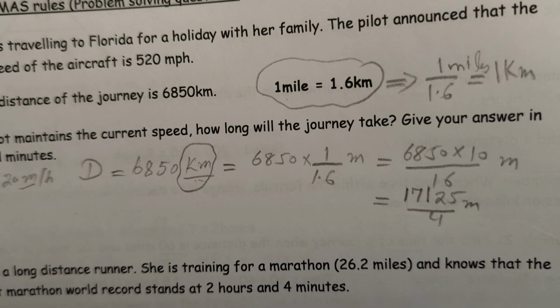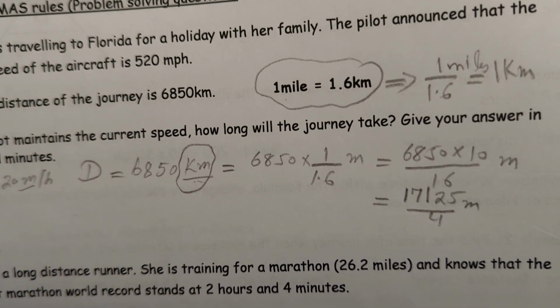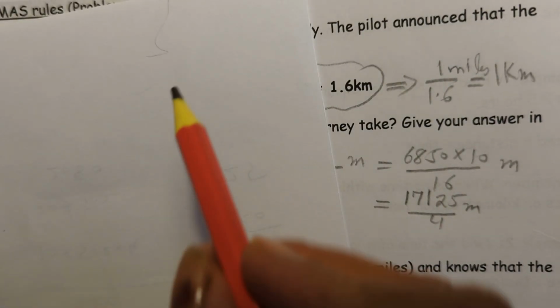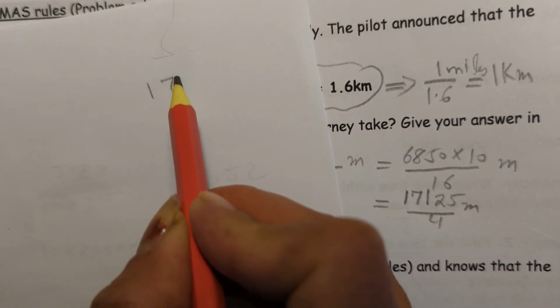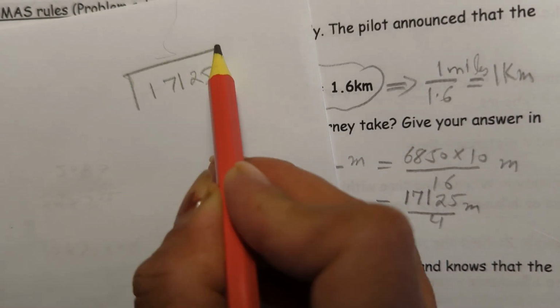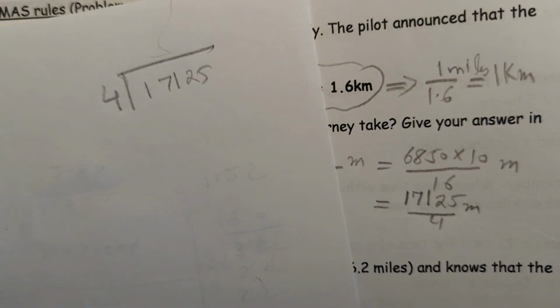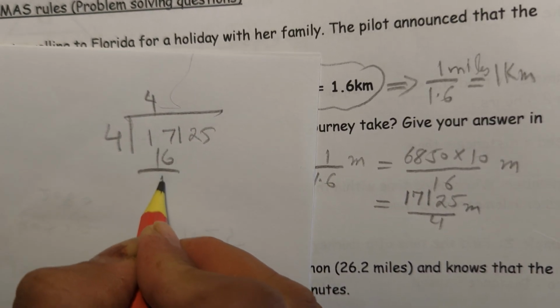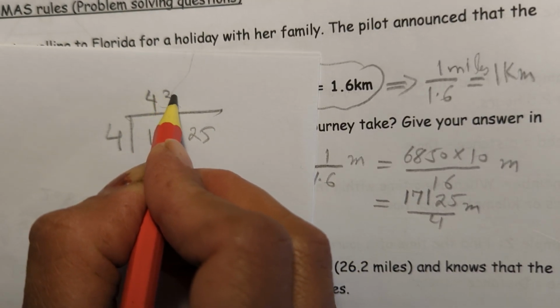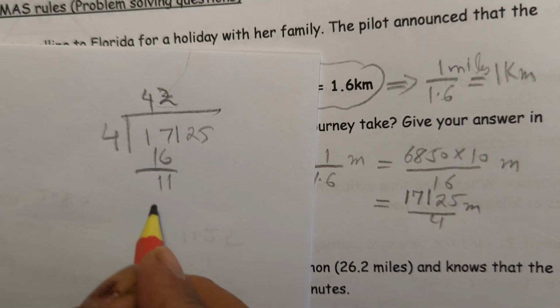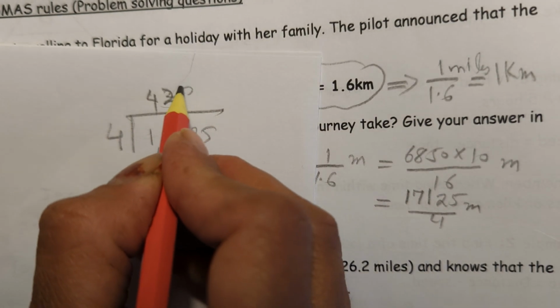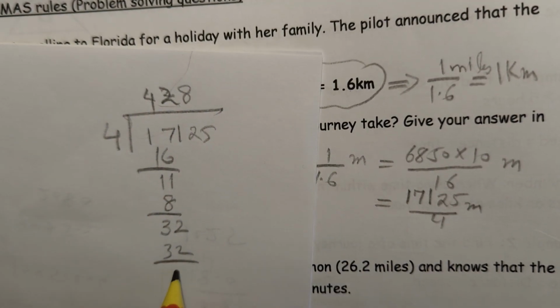Now how can we simplify this? We take a rough sheet and divide it: 17125 divided by 4. 4 times 4 is 16, 4 times 3 is 12, 4 times 2 is 8, 8 times 4 is 32.